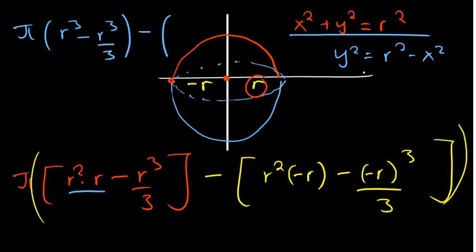We are going to have negative r to the power 3, and then minus negative r to the power 3 will be negative r to the power 3 over 3, so it will now give us a positive. So I have positive r to the power 3 over 3, and of course all these are being multiplied by pi. So obviously, since this is a positive, that is a negative.